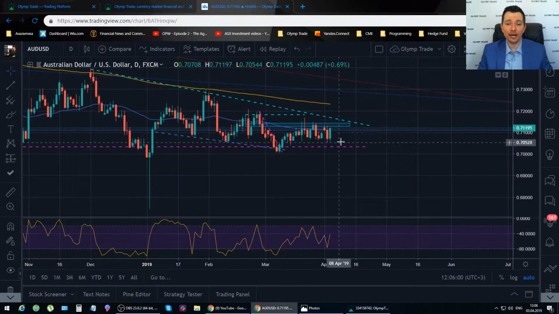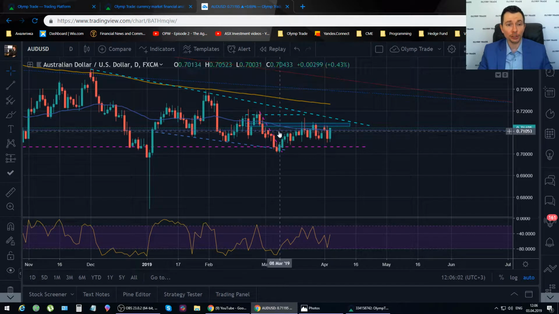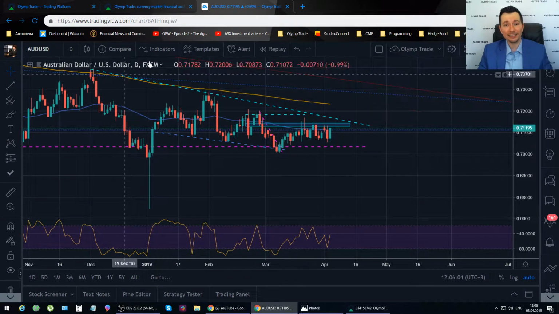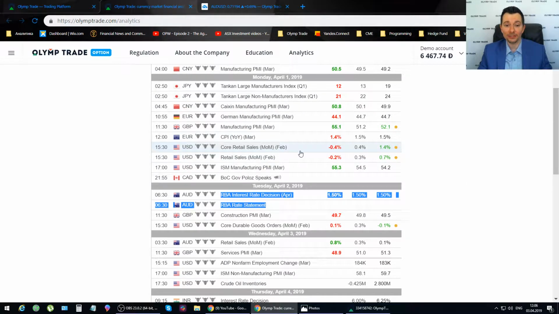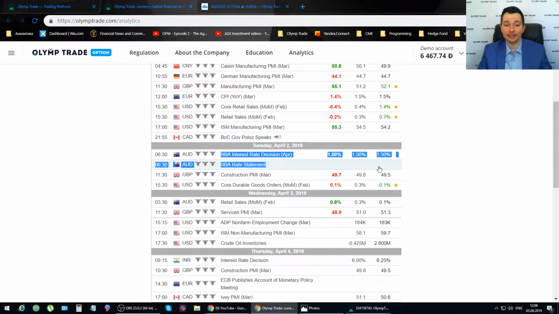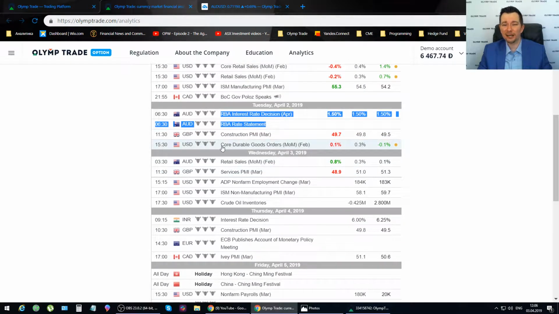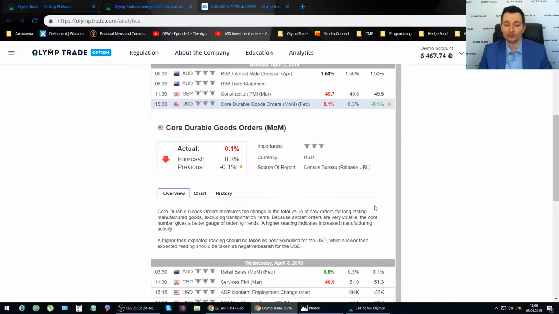Now, this movement up is a little bit interesting. It could be US dollar weakness, because we have had some weak core retail sales and weak retail sales in general. That was on Monday, and then on Tuesday, a little bit underwhelming core durable goods orders. Basically, this is an indicator of inflation for the immediate time coming ahead.